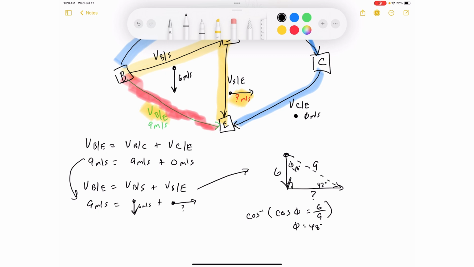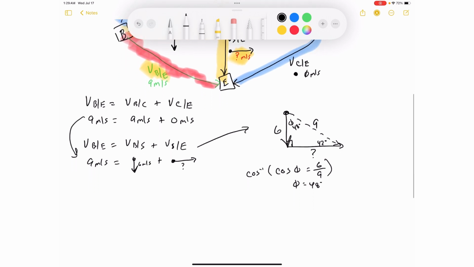Great. So now that I have two sides plus all three angles, I can find out what this question mark is. I can say the cosine of 42 degrees, using the bottom angle, is equal to, and remember cosine is adjacent over hypotenuse, which in this case is the question mark over 9.